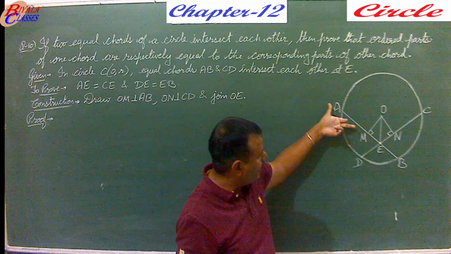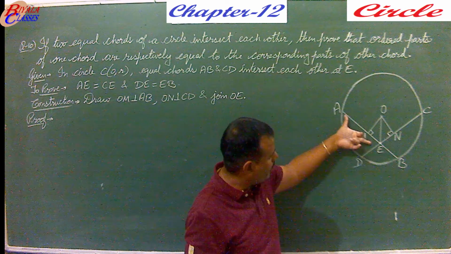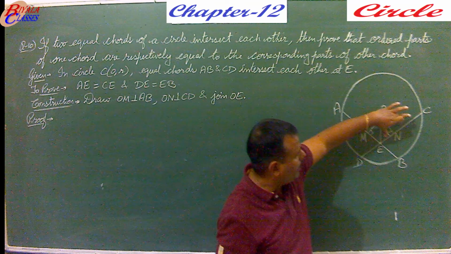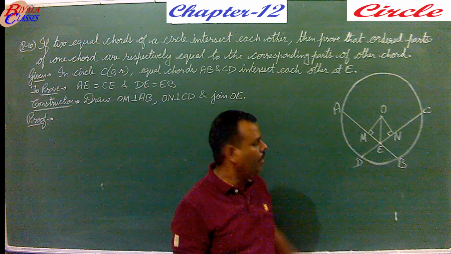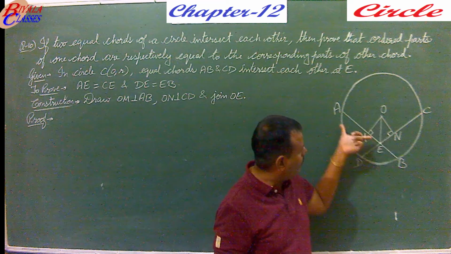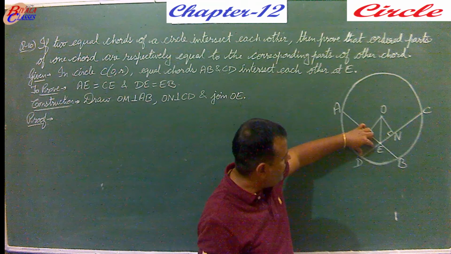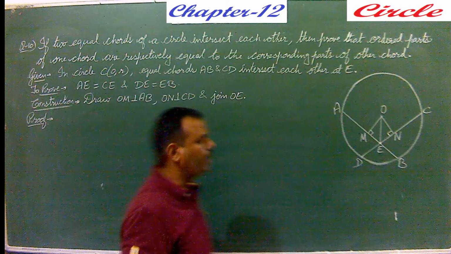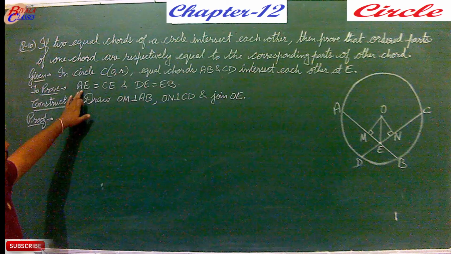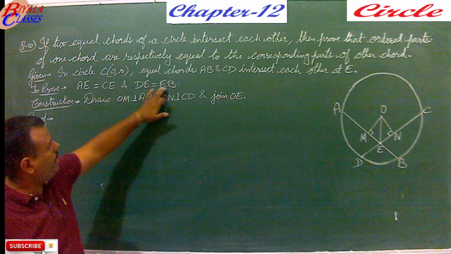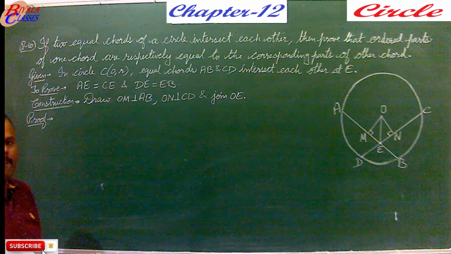So taking the parts in order, if you are taking AE from this chord, then we will take CE from the second chord. So the corresponding parts are equal, that is AE is equal to CE, DE is equal to BE. So this is what we have to prove.